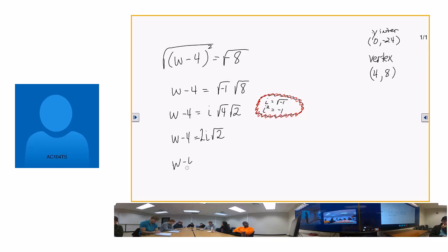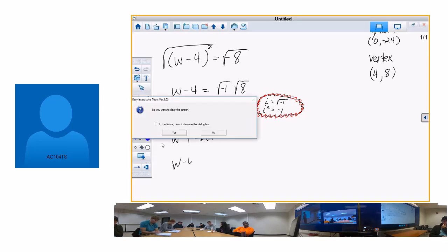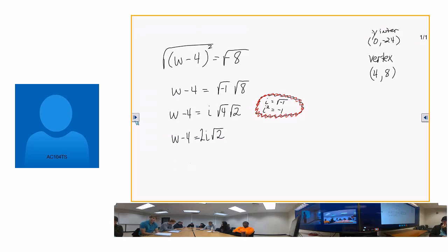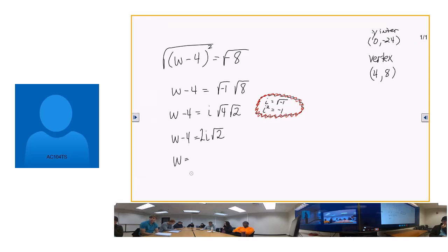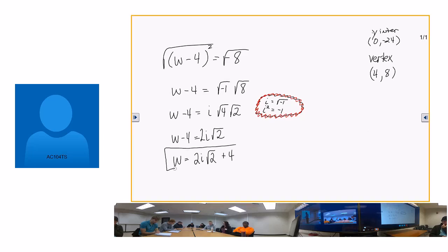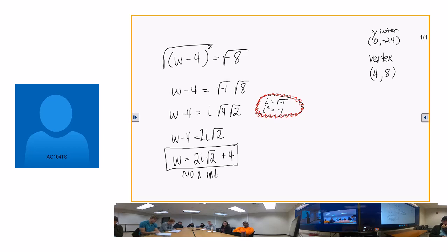I'm going to bring the 4 over. W is equal to 2i times the square root of 2 plus 4. You could factor out a 2, and basically this tells us that the parabola has no x-intercepts because of that i right there.